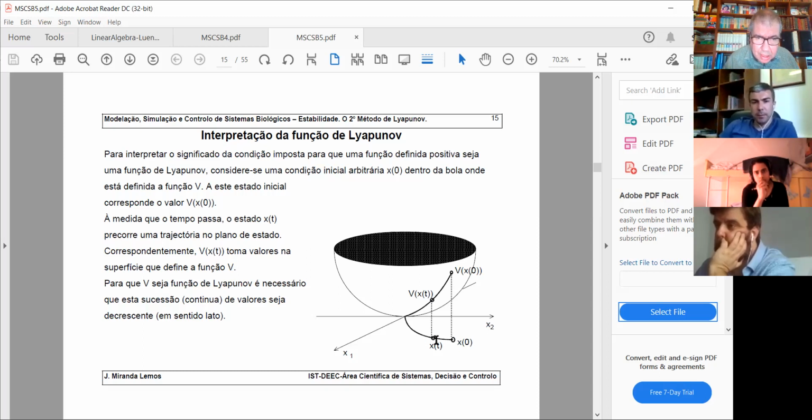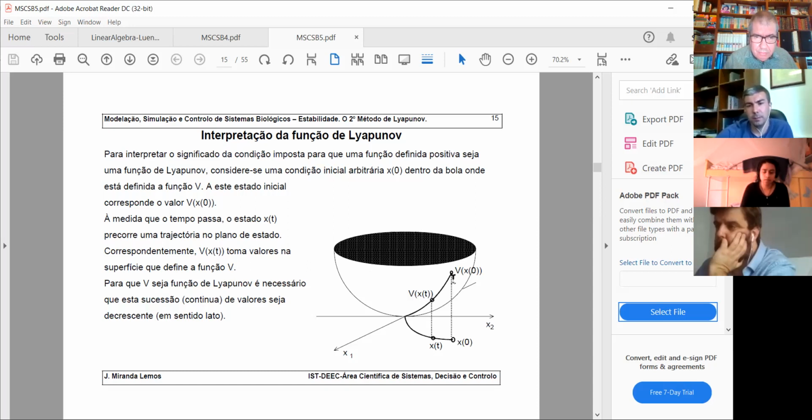So you have a trajectory. For each point x(t), you can find V(x(t)). Along this arbitrary trajectory, you can think that you start at any other point. Each time you follow some trajectory in x, and you have the corresponding V(x(t)).